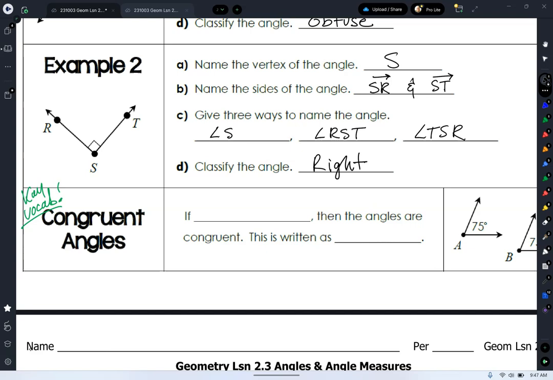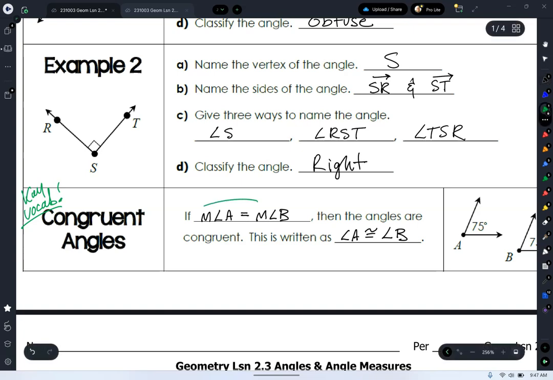And so we can say, if the measure of angle A, and we're going to use the example over to the side here, is equal to, notice I didn't say the congruent sign, the measure of angle B, that's because I'm using number language and not figure language. If the measures of the angles, the degree measures, are equal to each other, the numbers are equal to each other, then the angles are congruent, and that would be written as angle A is congruent to angle B.